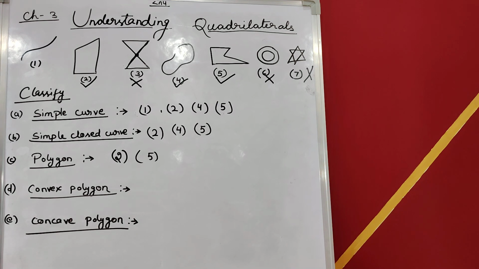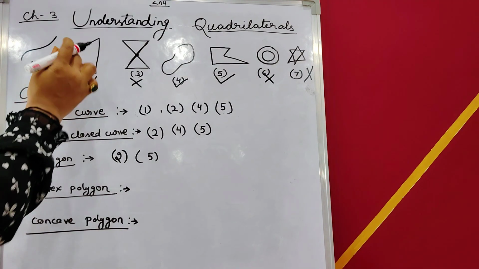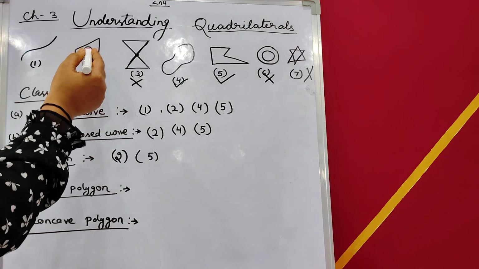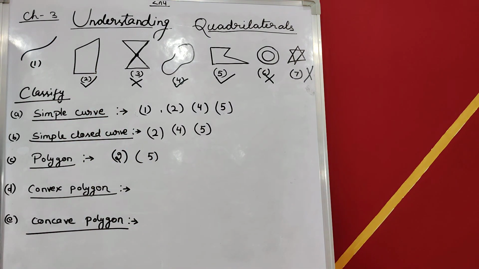Convex polygon states that each interior angle should be less than 180 degrees. If we see, we have only 2 polygons, that is 2 and 5. So check whether each is convex or concave.